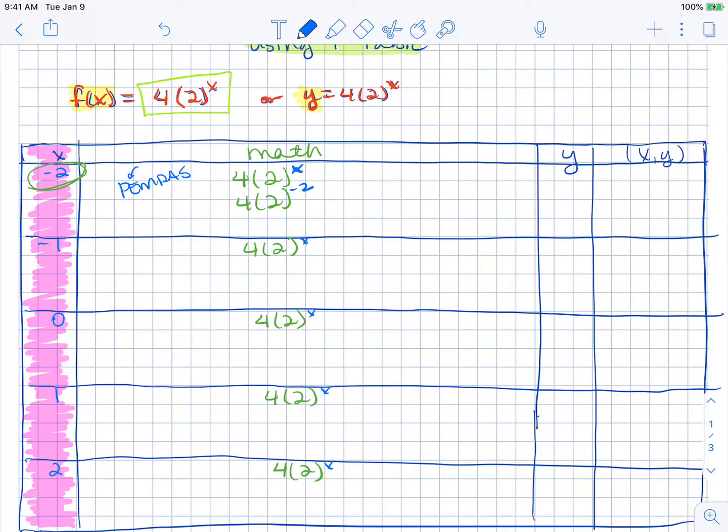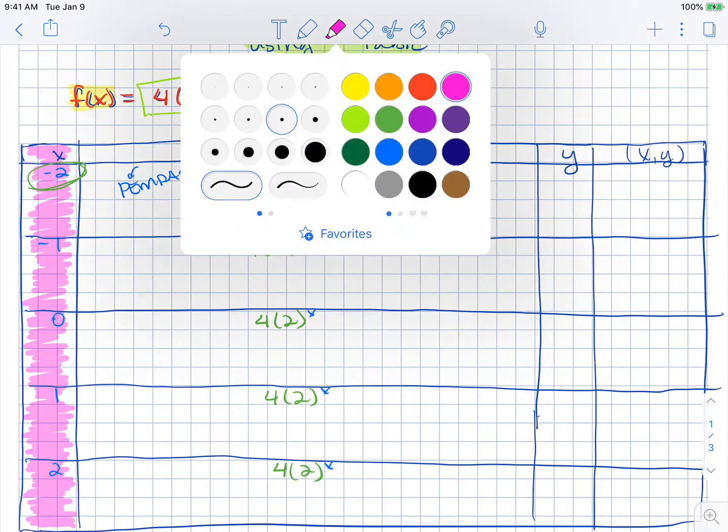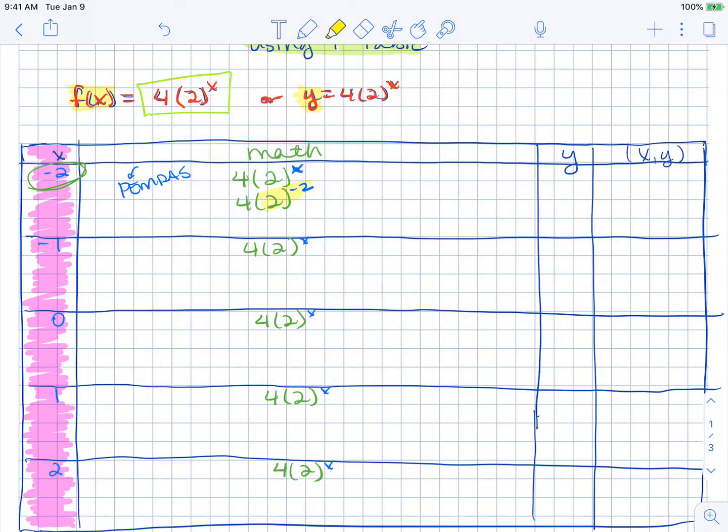That gives me 4 times 1 over 2 squared, because the negative 2 puts it in the denominator. That's 4 times 1 over 4, because 2 squared is 4, and this is really 4 over 1. That gives me 4 over 4, which is 1. So my y value is 1, and my ordered pair is negative 2, comma 1.